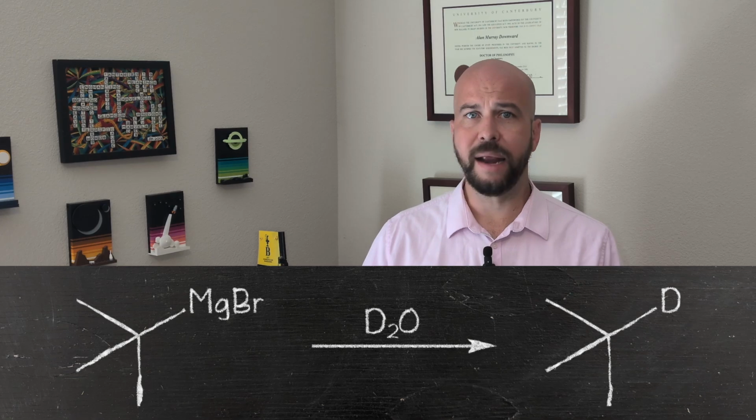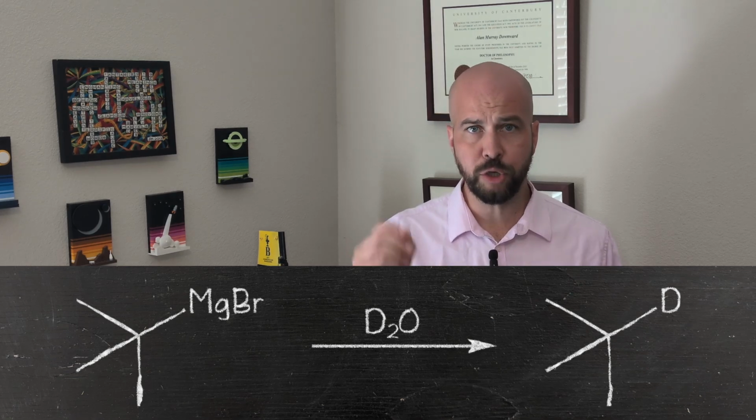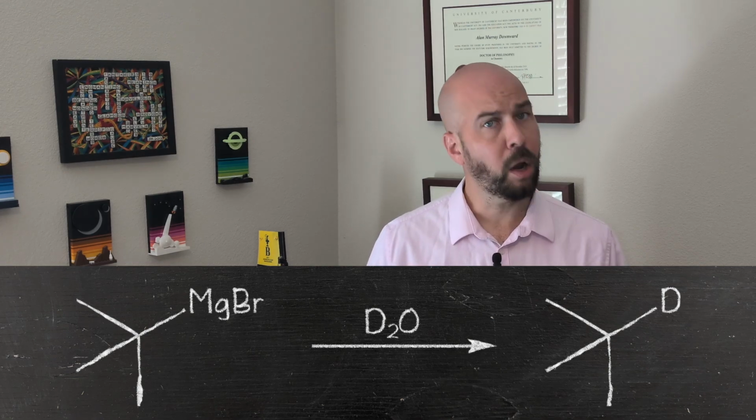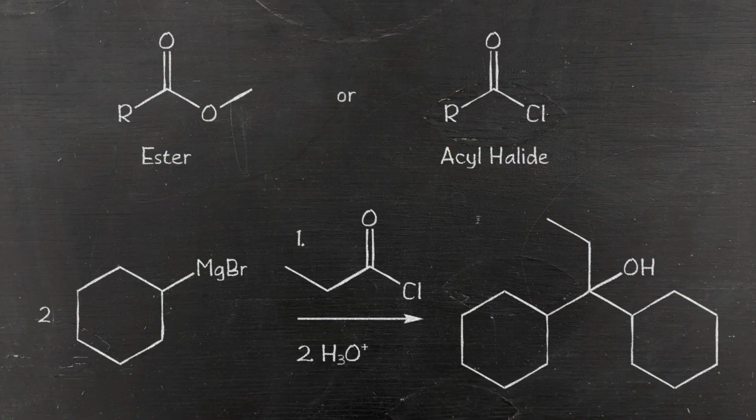But this rapid reaction with protons actually can provide a means by which to deuterate a specific position in an organic molecule. So instead of using a carboxylic acid, we could use either an ester or an acyl halide, sometimes also called acid halides. These react with two equivalents of our Grignard reagent to give a tertiary alcohol.